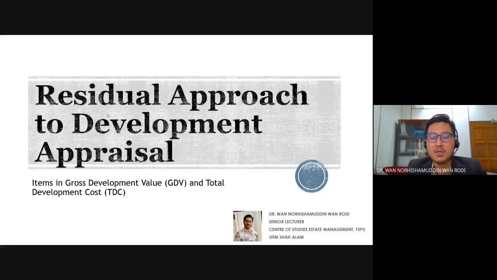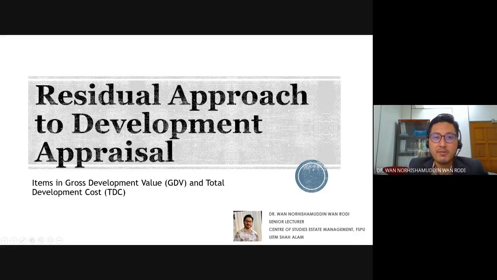Let's say if the items you find in GDV and total development costs are not as accurate as possible, it will influence your levels of profit when you conduct the development appraisal. That's why it is important for you to search for an accurate and reasonable amount of cost and item amount within the GDV and TDC.